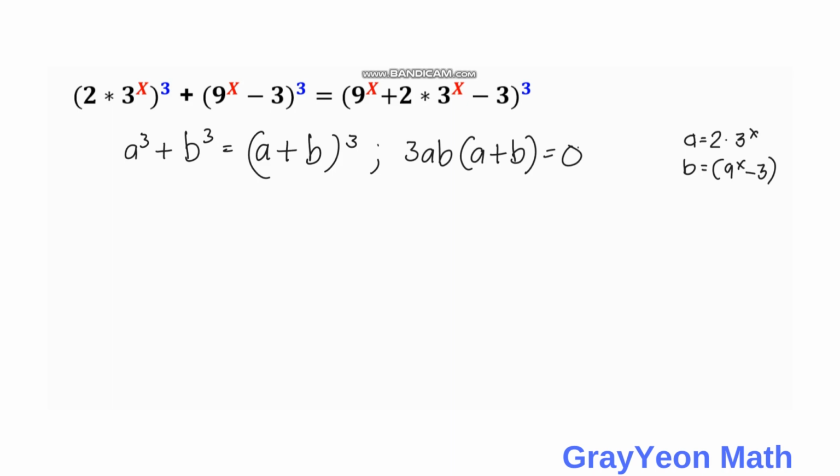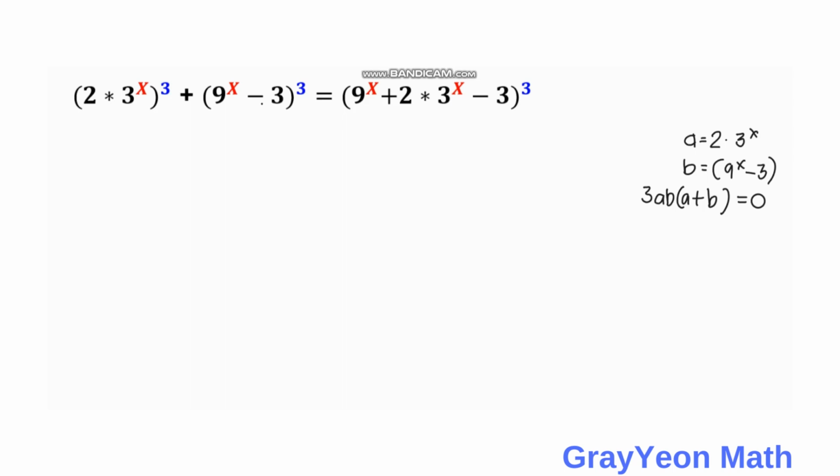Actually, I found two other ways to prove that 3AB times the quantity A plus B equals 0. You either expand the sum of two cubes on the left side, or you expand the cube of a binomial on the right side. You will arrive at the same condition that 3AB times the quantity A plus B is equal to 0.